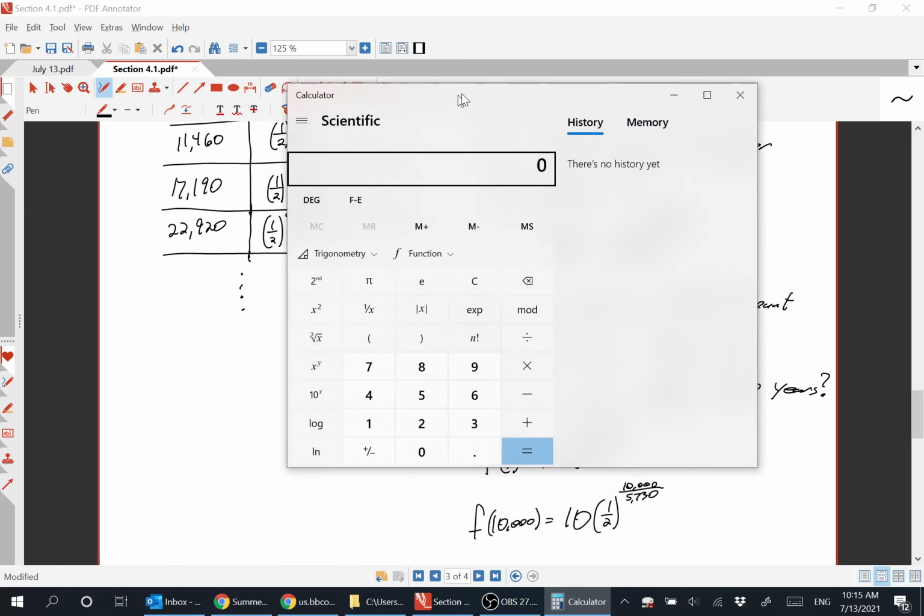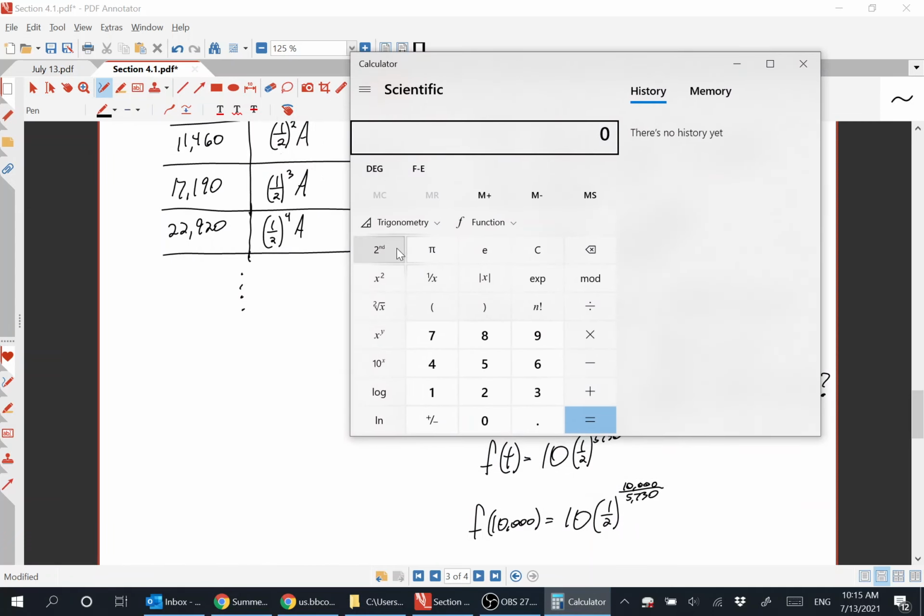On your calculator, you're going to have various buttons. The one for dealing with exponential functions is right here. It says x to the y, or it may say a to the b, or x to the n, or something like that.